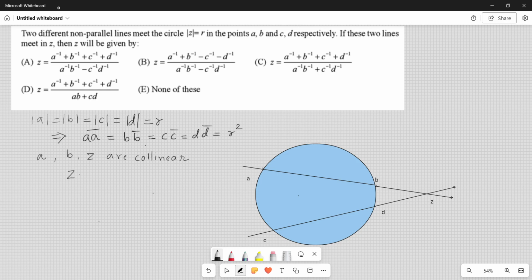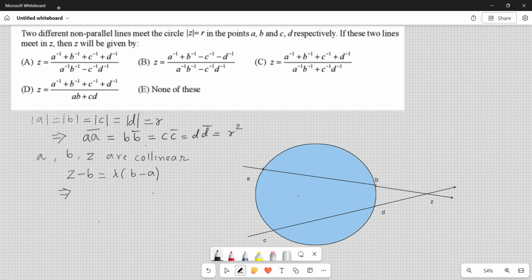Now I can write from the property of collinearity, even if you have read vectors, you would be very comfortable with this expression: Z minus B is equal to lambda times B minus A, right?